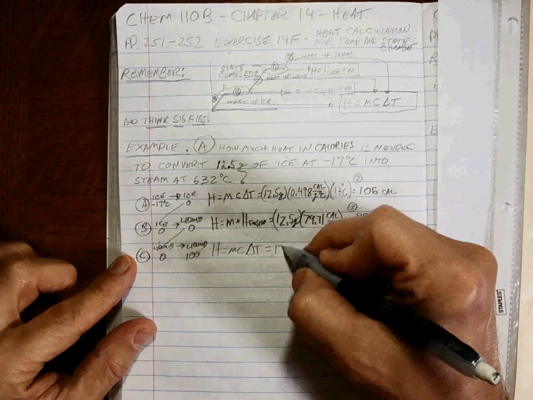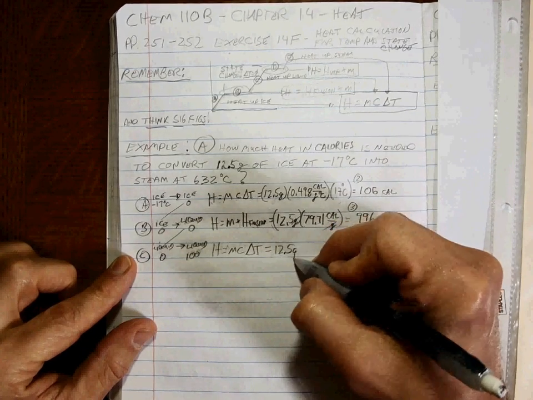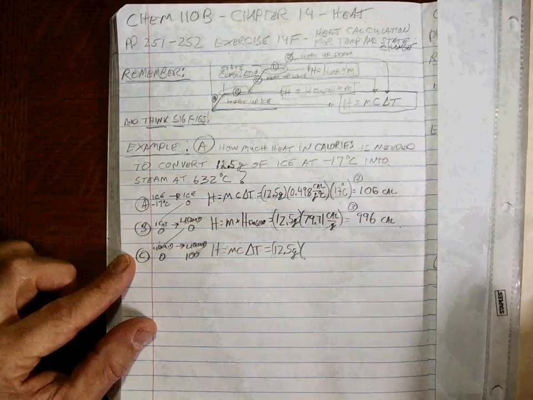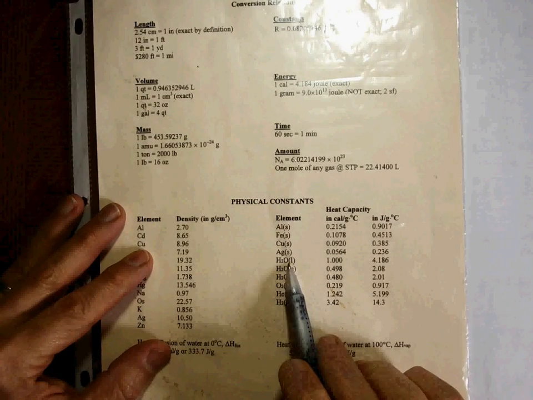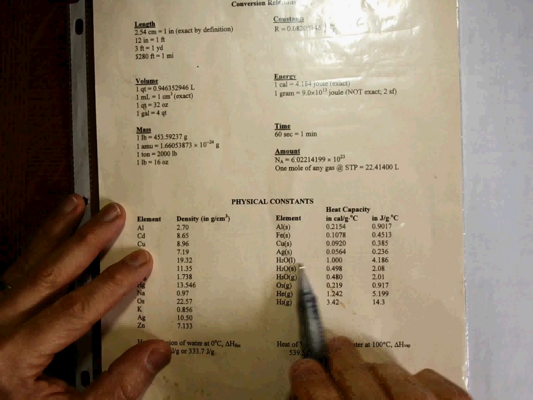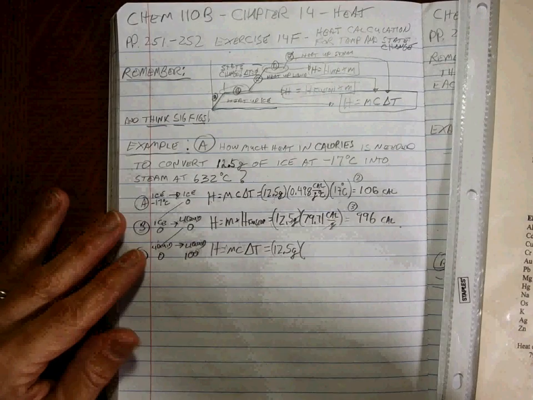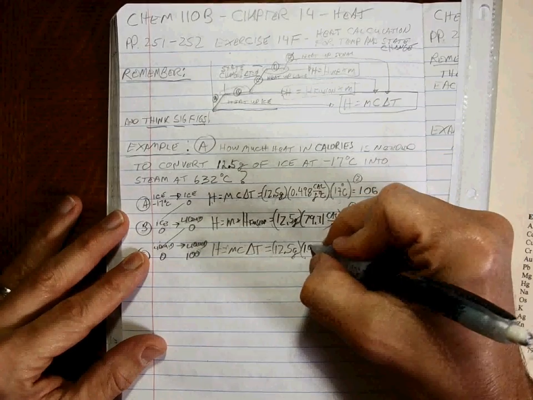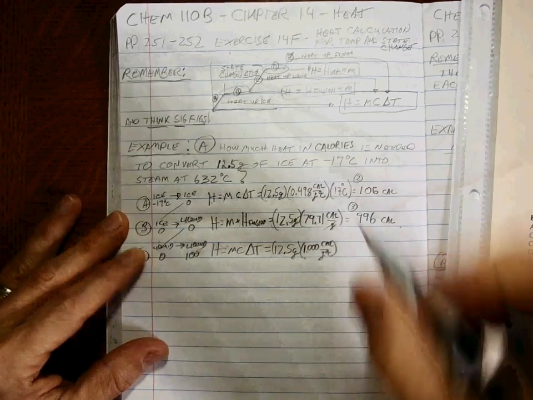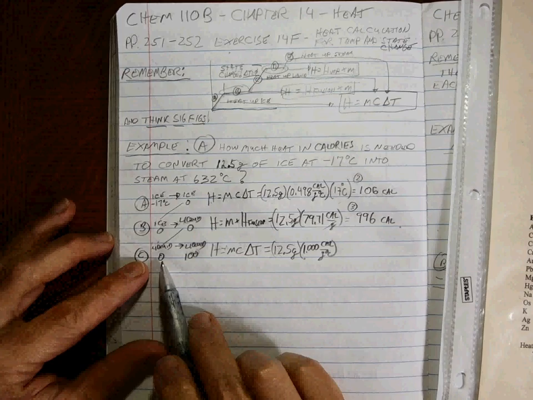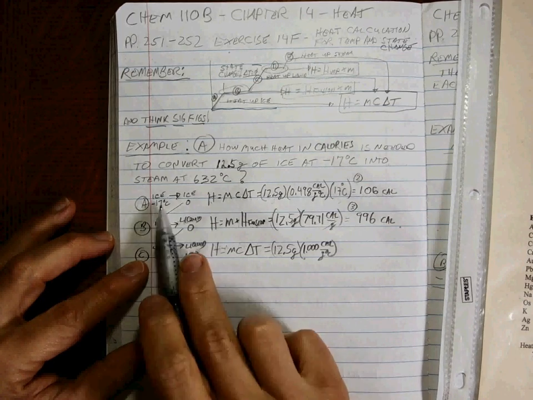But for this problem, the mass is 12.5 grams. The heat capacity for liquid water, right? Now we're going to do liquid water, and that's 1.000 calories per gram per degree C. And what's the temperature change? It's this, not that.